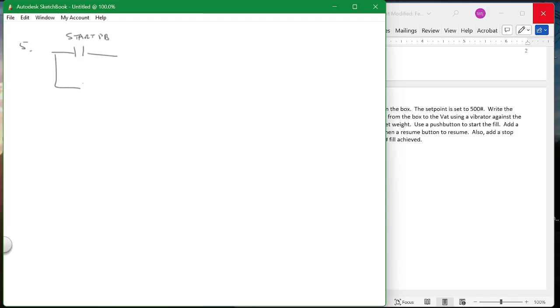Okay? And you seal that circuit, and then you have a couple of things that can stop it. This is run. And you seal it. You're running, okay? Now, on the leading edge of the run button, you move the weight to a place called initial weight. So you grab the weight at that point in time, and then you move it to a place called initial weight.